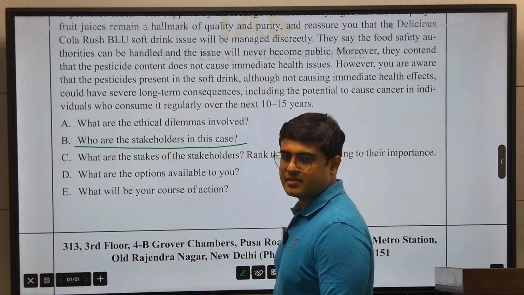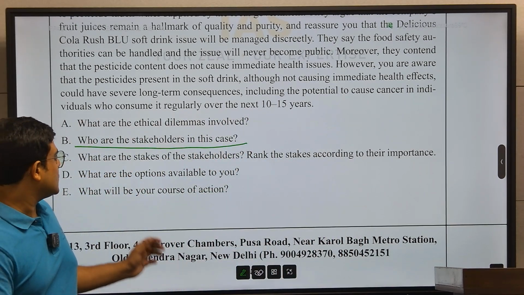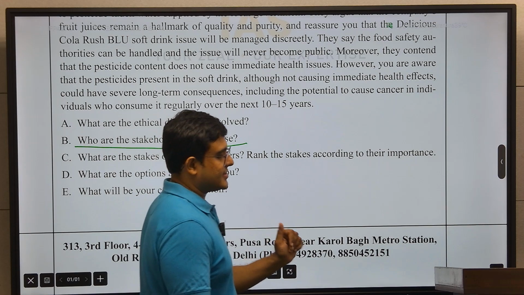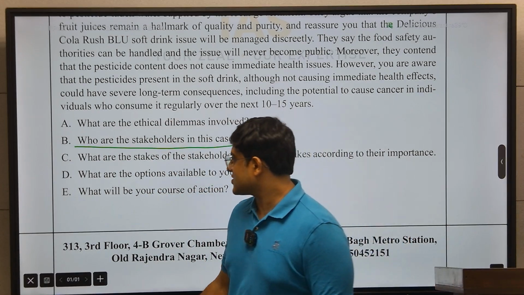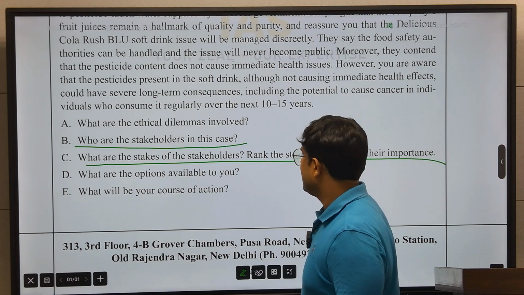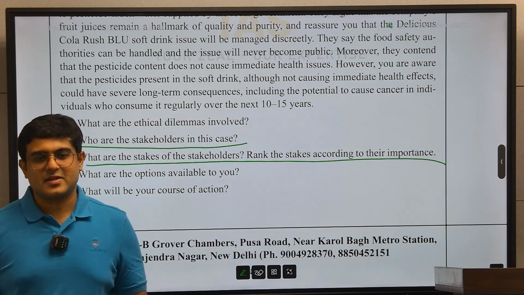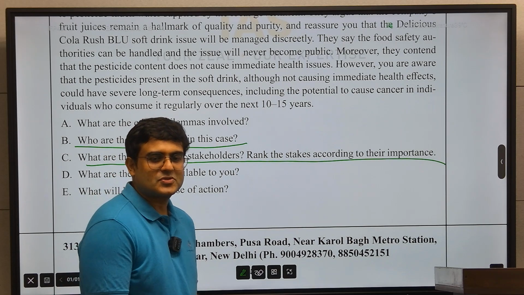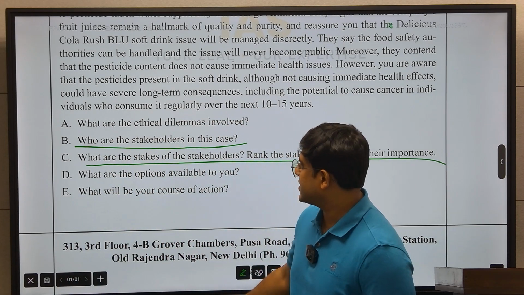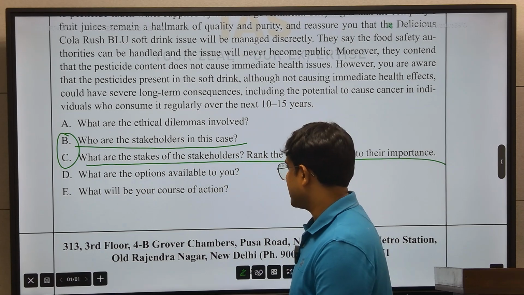B. Now see how you can write smart. B says, who are the stakeholders of the case? But look at C also. What are the stakes, and rank the stakes according to their importance. A similar lines question is there. So why don't you club B and C together? This is a smart way of writing and saving time.